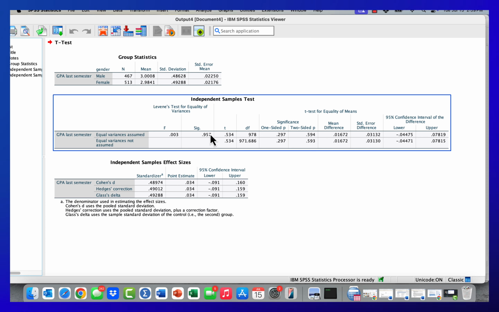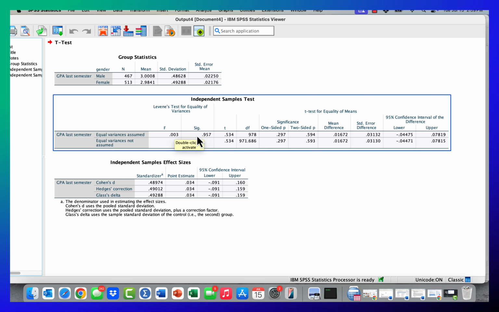So because this significance is so high, and the p-value is so high here, as well as the F statistic being so low, that actually means that we can assume that the variances are equal. We're not able to reject the null, right? That the variance of females equals the variance of males.